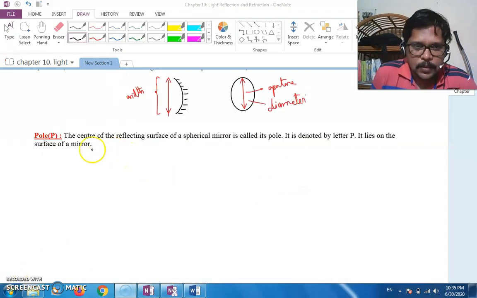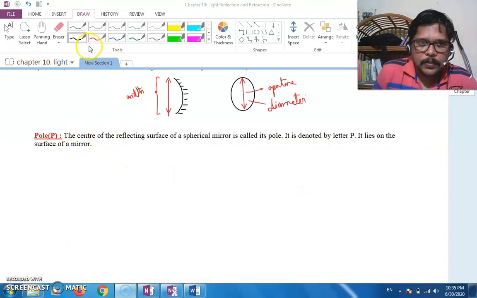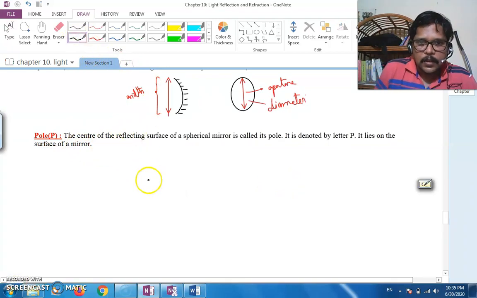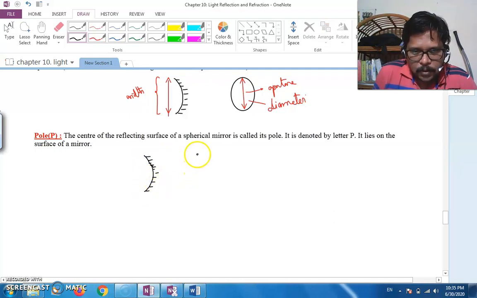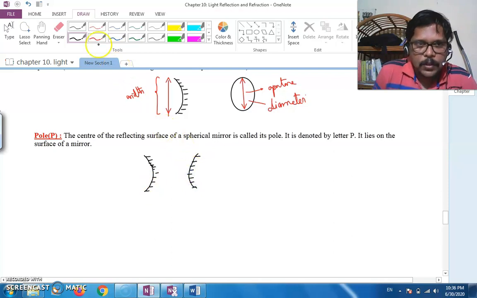Next term, it's the pole. The pole is nothing but the center of the reflecting surface of the spherical mirror. So when we take the spherical mirror, either convex or concave, that's the concave mirror, and when I take a convex mirror like this, for any of these spherical mirrors, the point exactly at the center of the reflecting surface will be here.